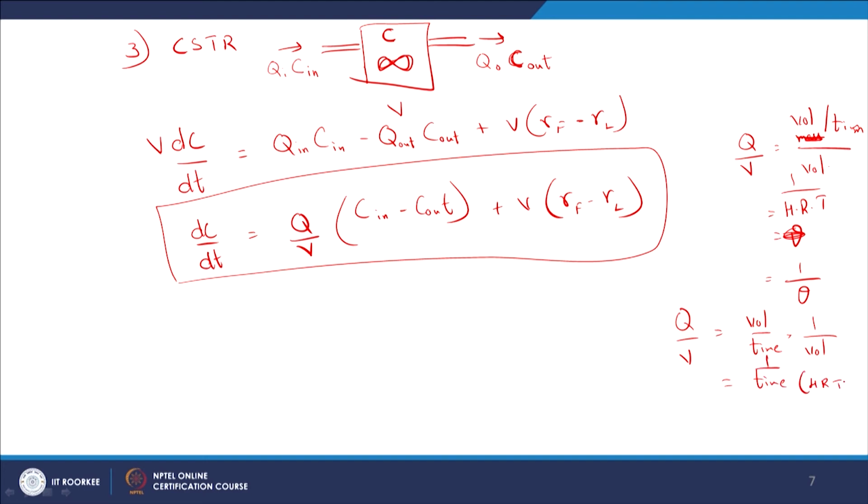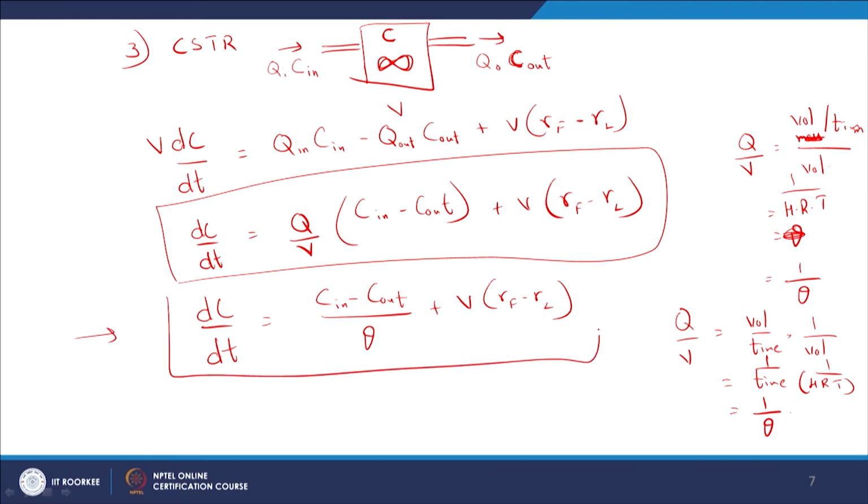So that is equal to 1 by theta. So what do we see here: dC/dt is equal to (C_in minus C_out) by theta plus volume into rate of formation minus rate of loss, right. This is your fundamental equation.